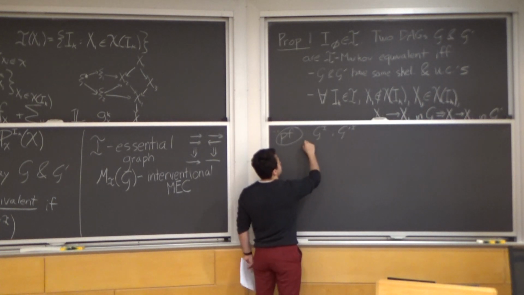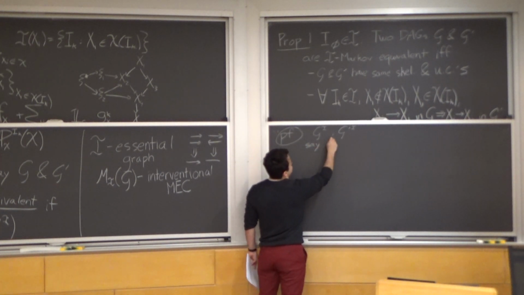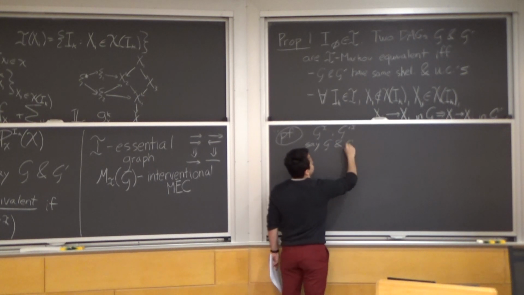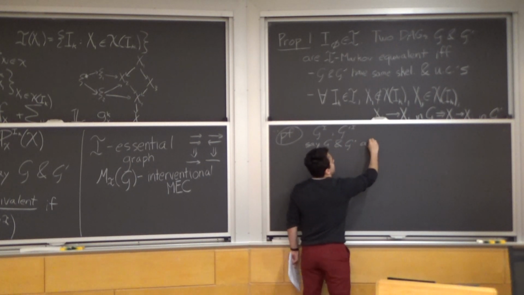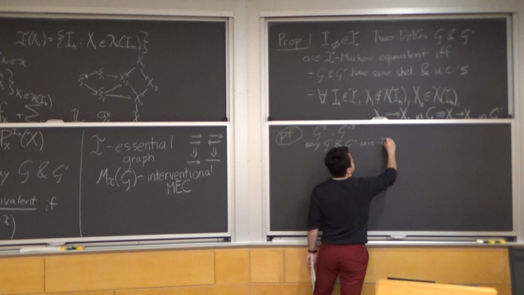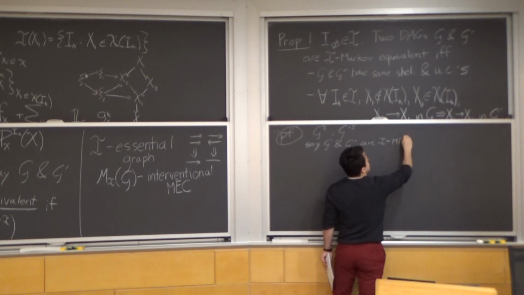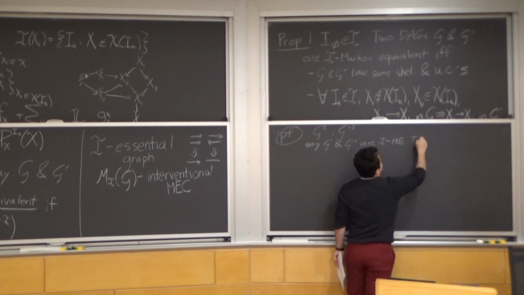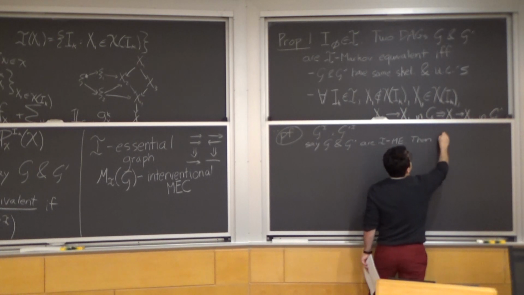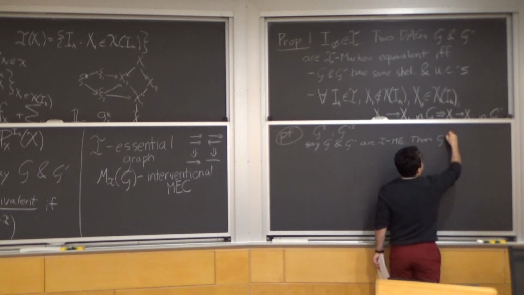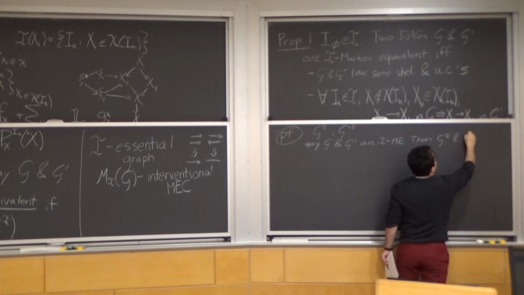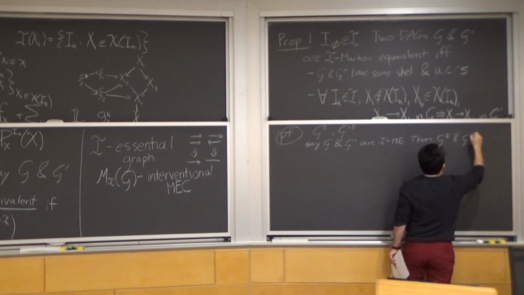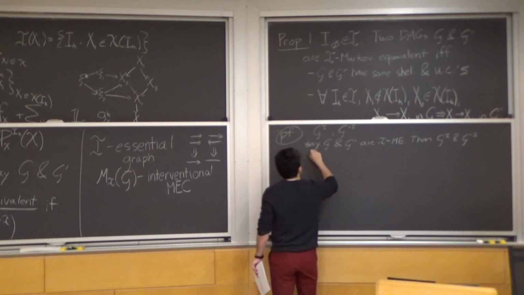So first, say G and G prime are I-Markov equivalent. Then those two graphs have the same skeleton and unshielded colliders.